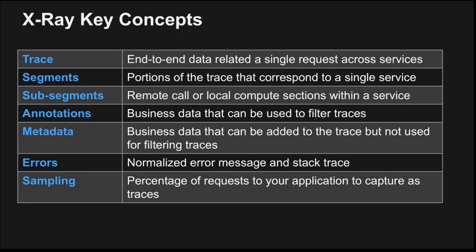Some of the concepts before we get into AWS X-Ray: a trace is related to a single request across services. Inside that, there are segments and subsegments, which correspond to a single service. Segments and subsegments can include annotations. These are basically filters.